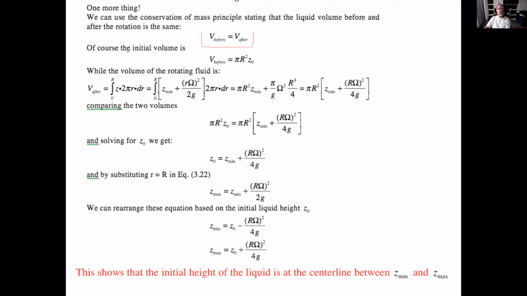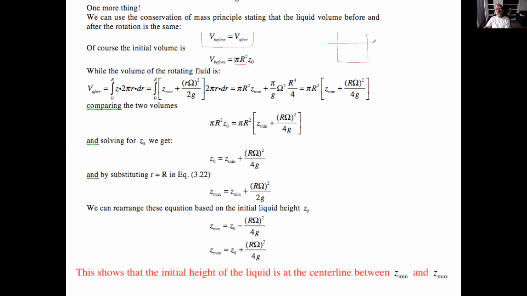So what is the volume before? So it's the base, pi R squared, capital R, because the capital R represents the radius of the container, while the little r represents the coordinate, okay? Some student asked that question. And then Z0 is the height. So one more time, here's the container.